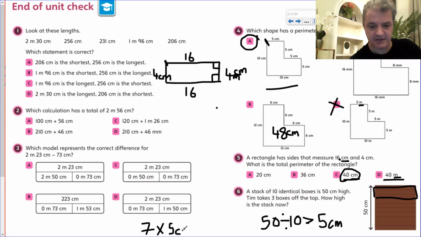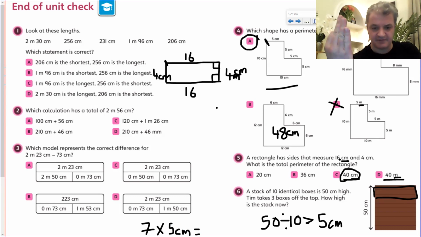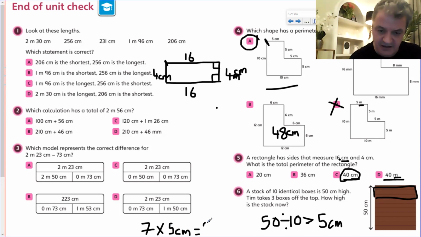Therefore, knowing my 5 times table, 5, 10, 15, 20, 25, 30, 35, my stack of 7 boxes is going to be 35 centimeters.